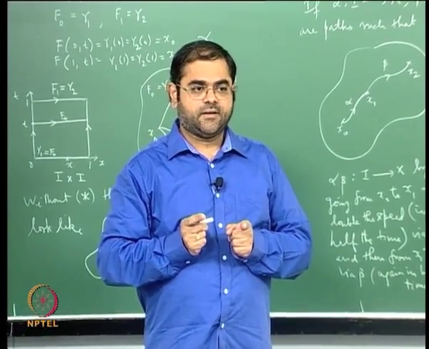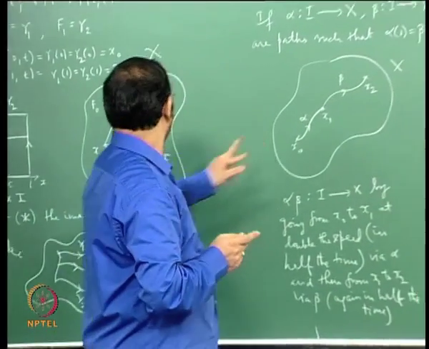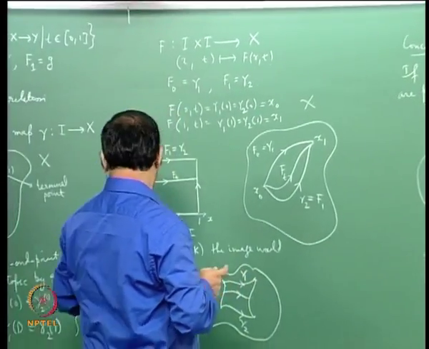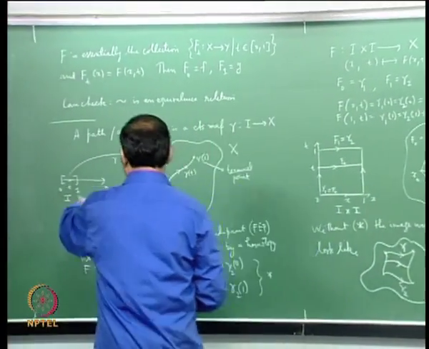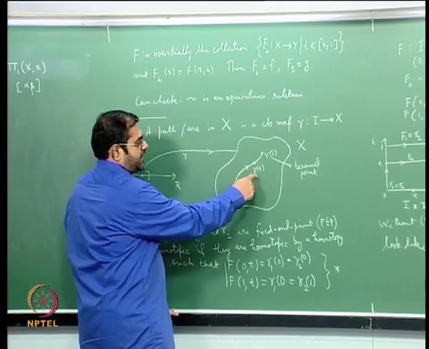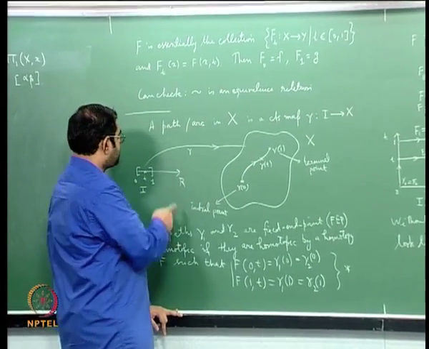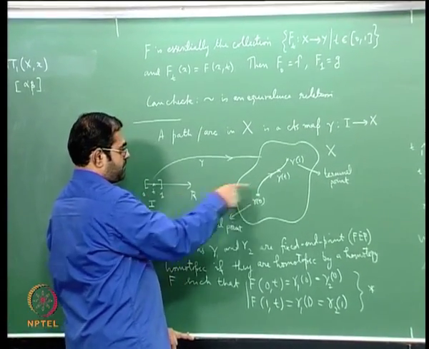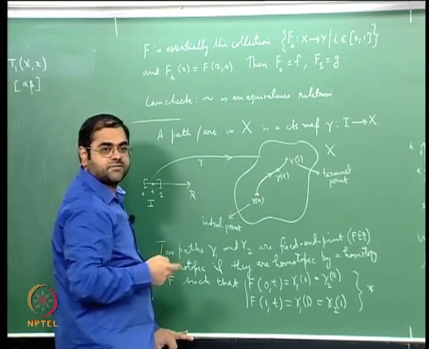Okay, so if in a map like this, for example gamma of t, I take gamma of 1 minus t, then you can see that I am going to get the path in the reverse direction.